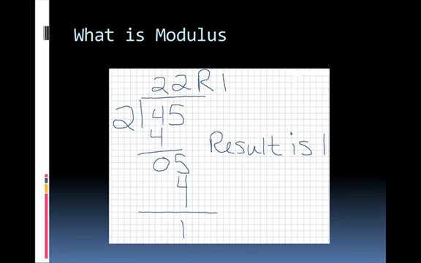And as long as the number we got back was a little smaller than the number on the outside of the division sign, it was called the remainder. What the modulus does is allows us to determine what this remainder is. Very useful if you need to determine when a value is evenly divisible by something. In other words, when there is no remainder left after division.